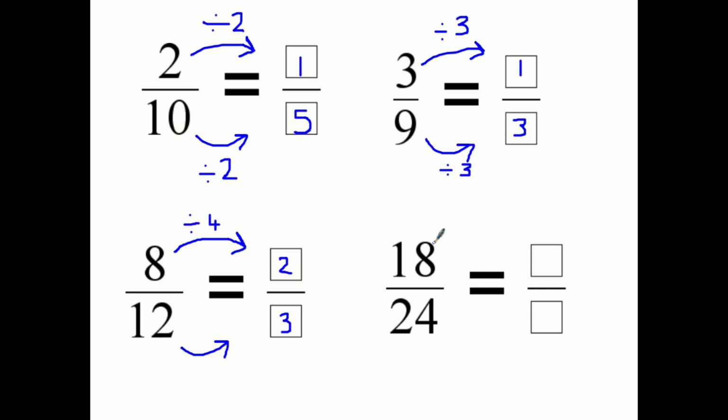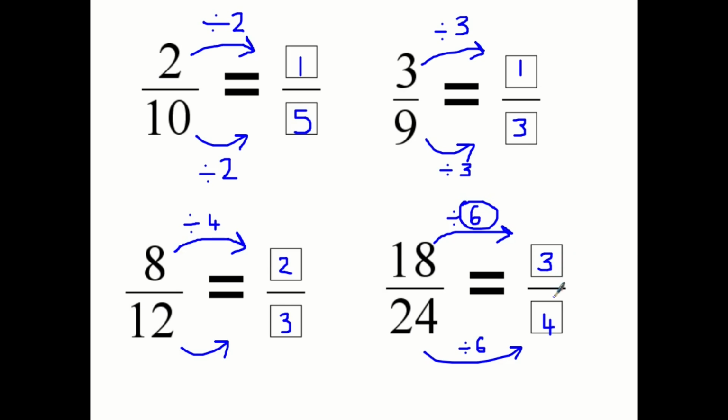In one fell swoop, we divide by the highest common factor, which in this case is 6. 18 divided by 6 is 3, and 24 divided by 6 is 4, 3/4. So we are aiming to divide by the highest common factor because that will ensure we get it in its simplest form.